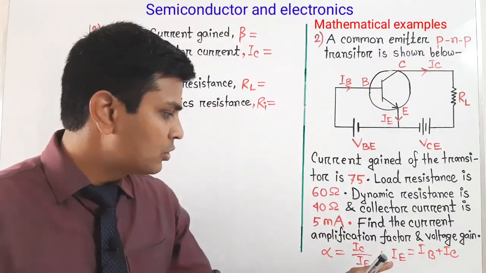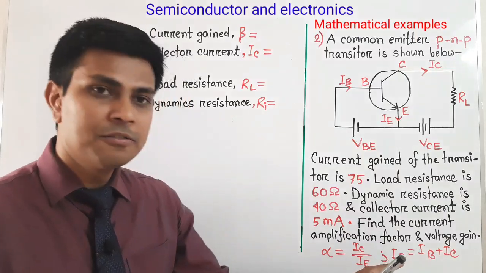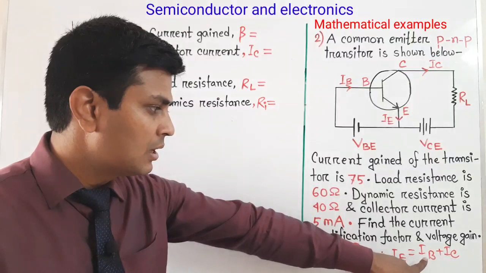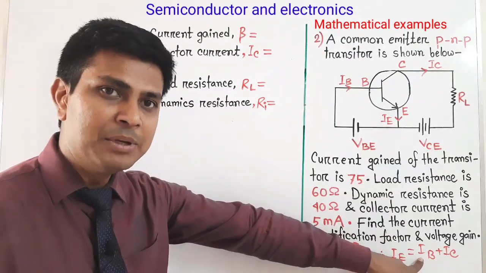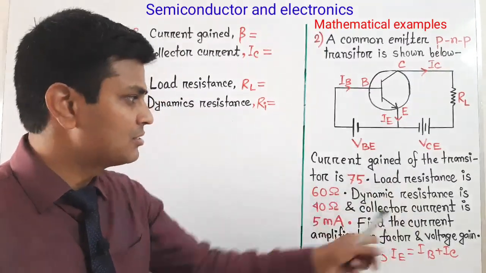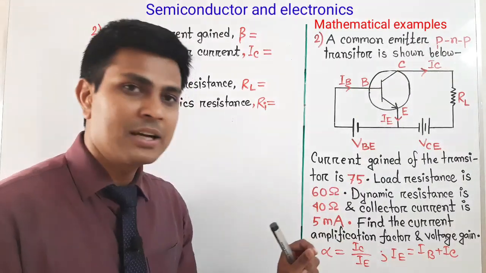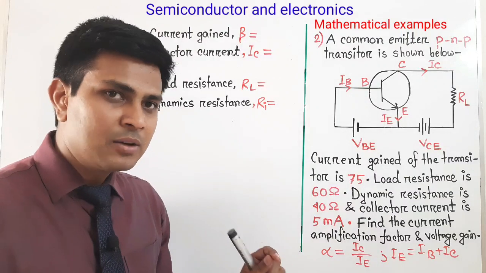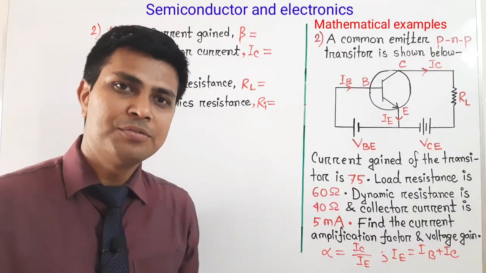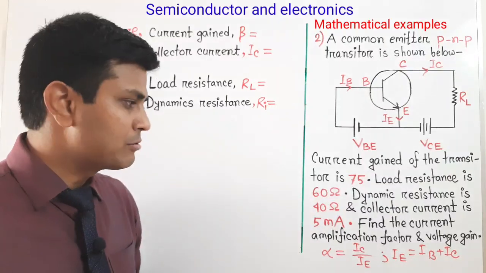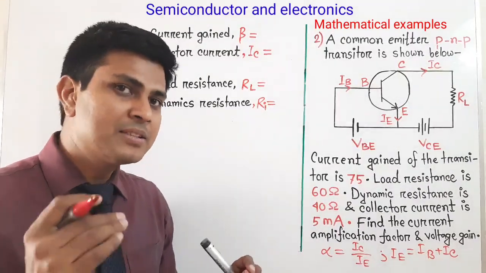So if you put the value of IC, but we also need IB, that means base current. The base current is not given. So first of all, we have to calculate the base current. The base current will be calculated by the formula beta equals IC divided by IB.